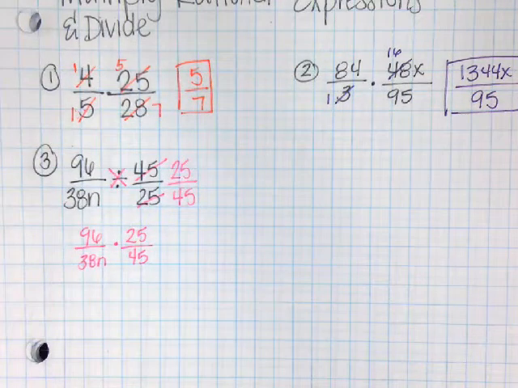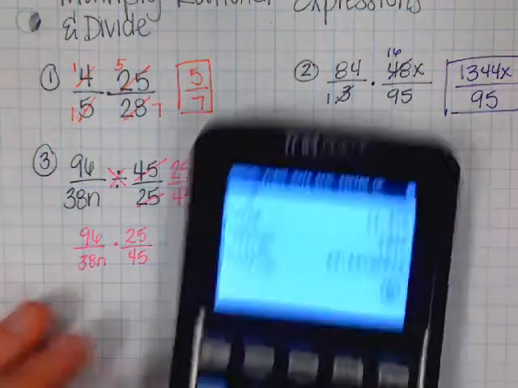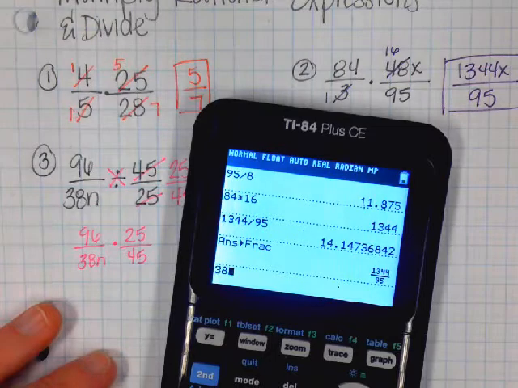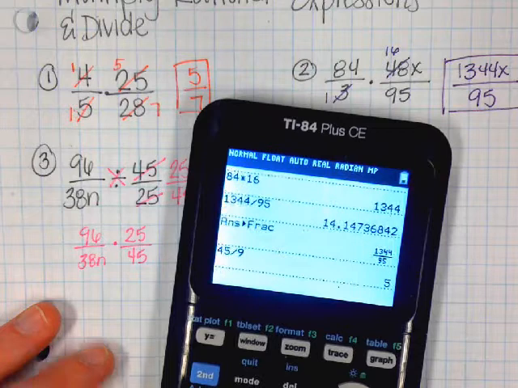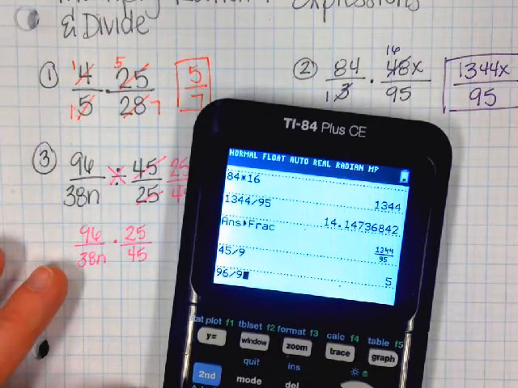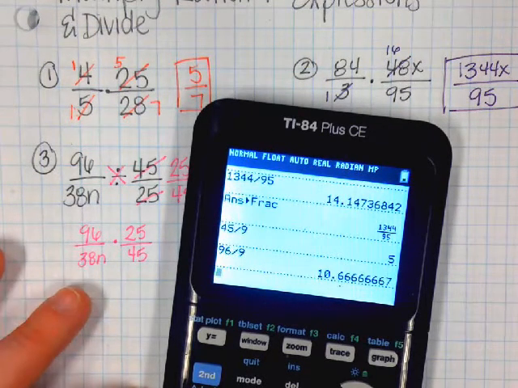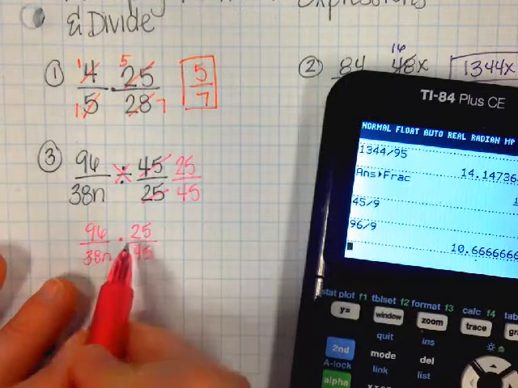So then 25 over 45. So now let's look. 38, or let's do 45. What's 45 divided by 9? Let's do 96 divided by 9.